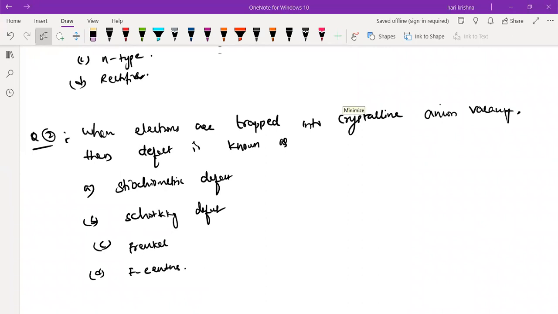Give me the answer, please. Or if you don't know, just tell me you don't know or type the message. We have already discussed this complete defect theory in the class. And this question is very important. It already came 3 to 4 times in previous year board exams and in competitive exams also. What is the answer?